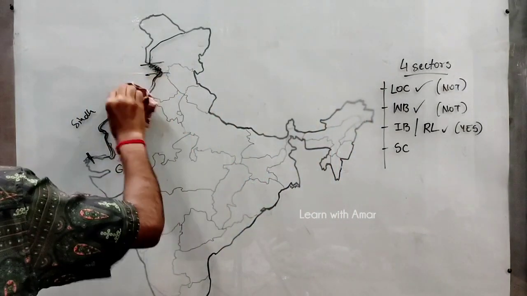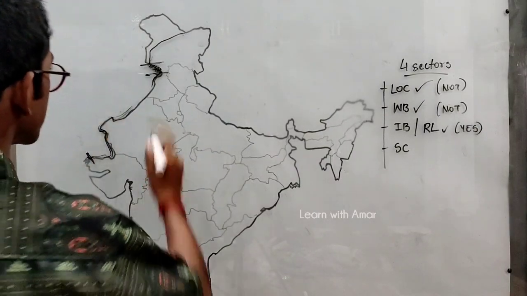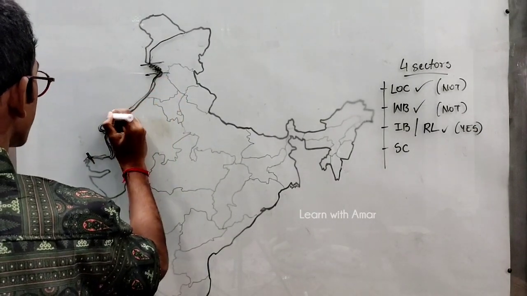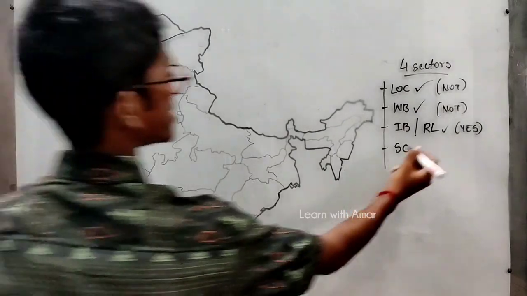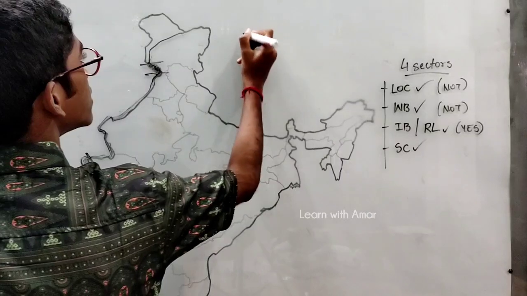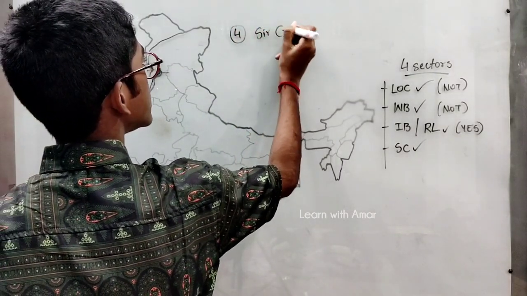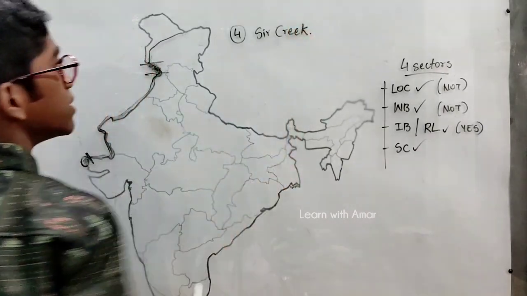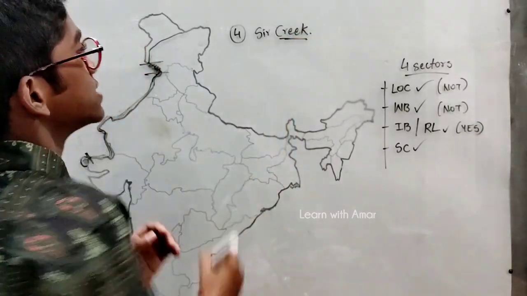Right. We have already completed three of the sectors. Now coming to the fourth one, which is this one, tiny, right? That is the SC. Fourth one, it is SC, Sir Creek. Before looking into that, we must know what creek is.